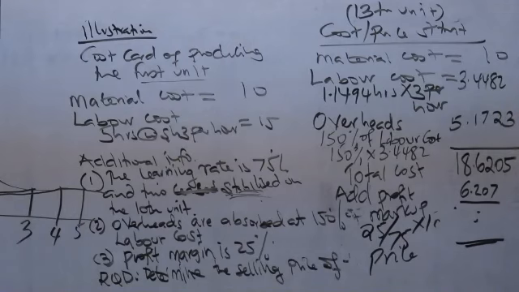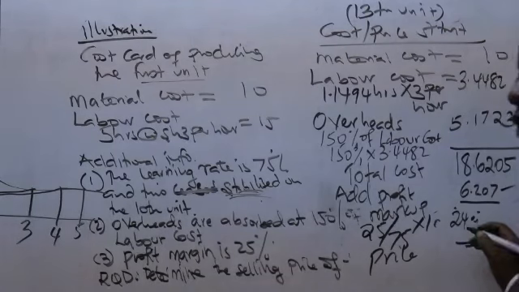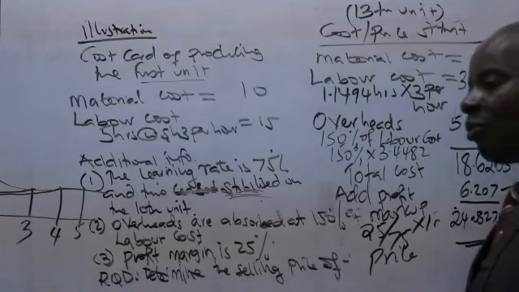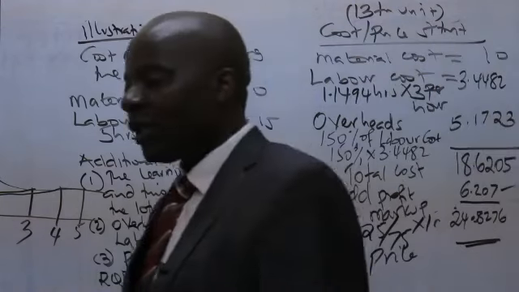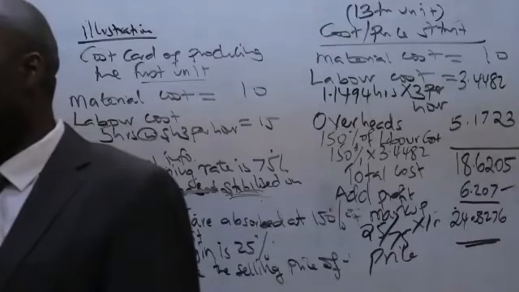Could you kindly give us the price there? Please be consistent with your decimal places. Like this is 3. Make sure you're consistent throughout with your decimal places. So 24.8276.